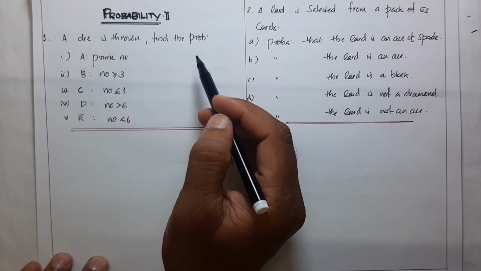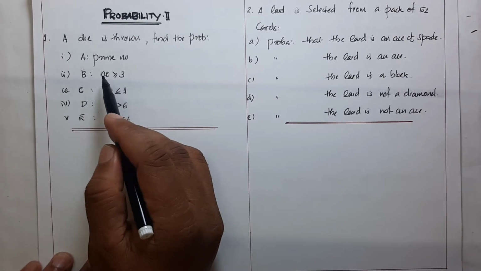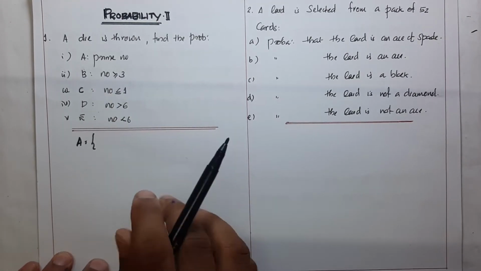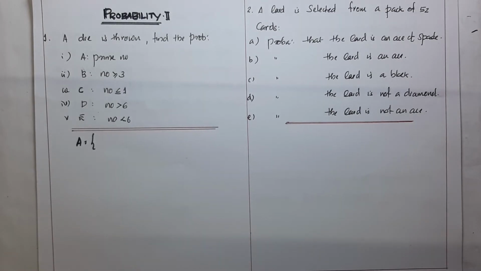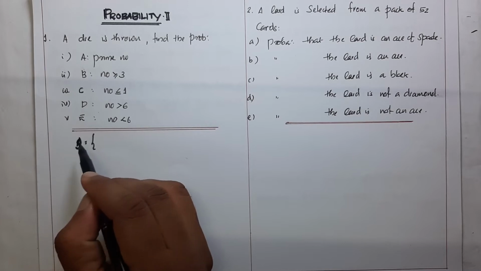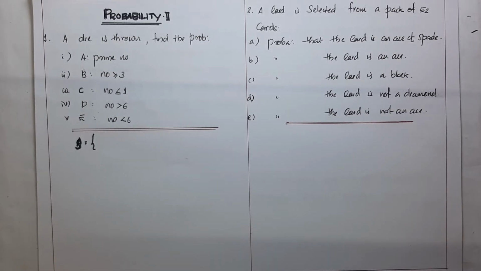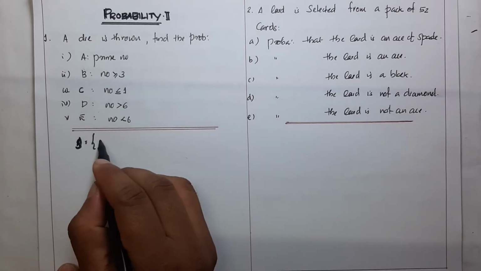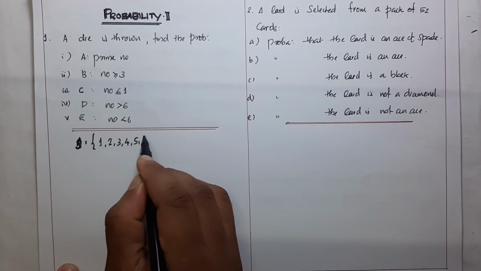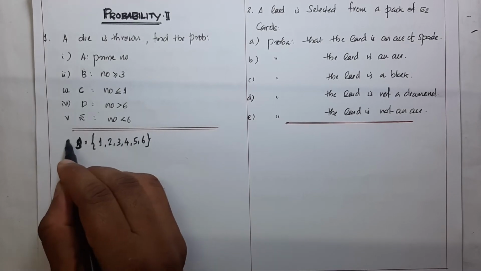A die is thrown, find the probability of a prime number. When a die is thrown, first you write the sample space. S is equal to 1, 2, 3, 4, 5 and 6.